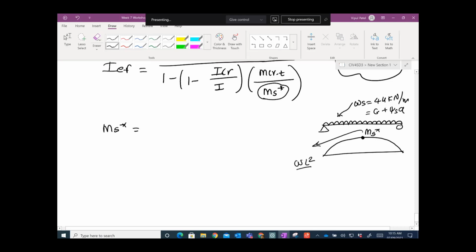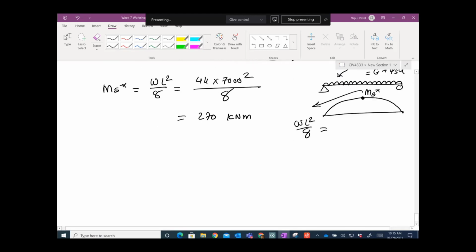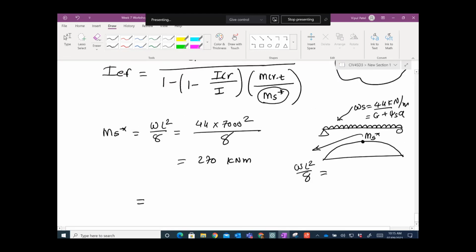For this one you have WL square over 8. You have 44 times 7,000 square over 8, so that you get 270 kilonewton meters. So we have all the values now.